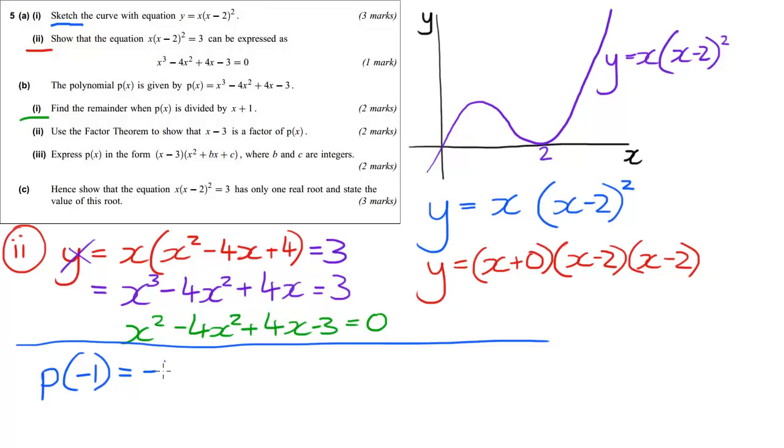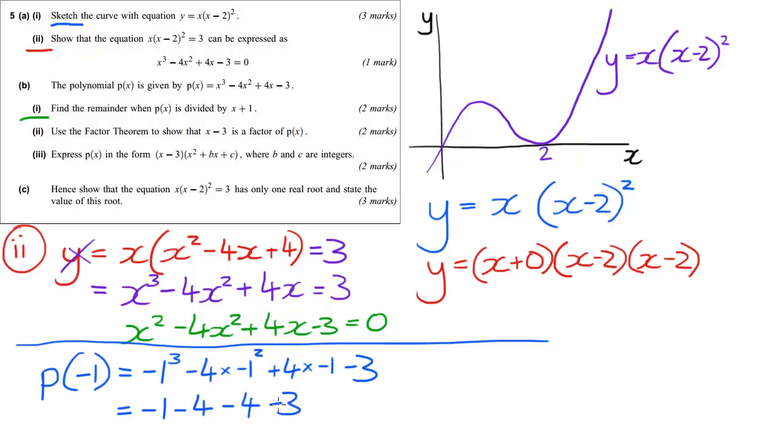So we're going to have minus 1 cubed minus 4 times by minus 1 squared plus 4 times by minus 1 minus 3. That's what we're going to have there. So bear with me while I do the maths here. Minus 1 cubed is minus 1, then minus 1 squared is 1 times by minus 4 is minus 4, then take away another 4 there, and then minus 3.